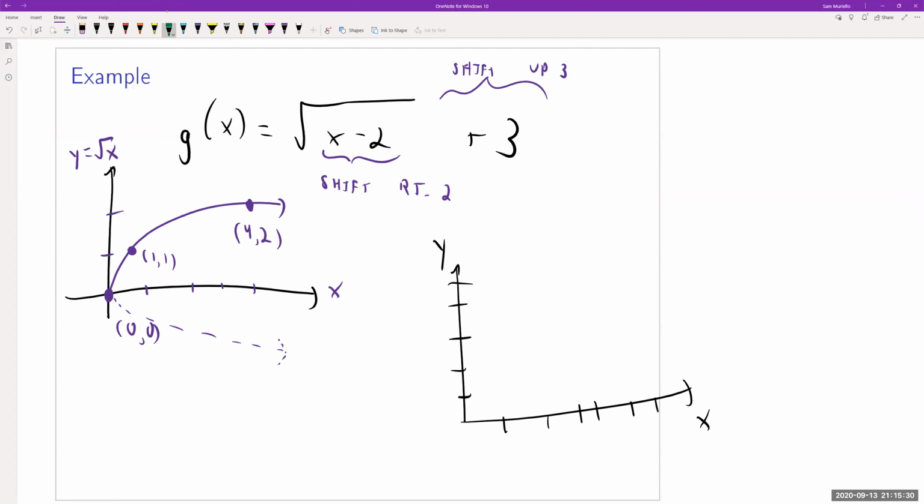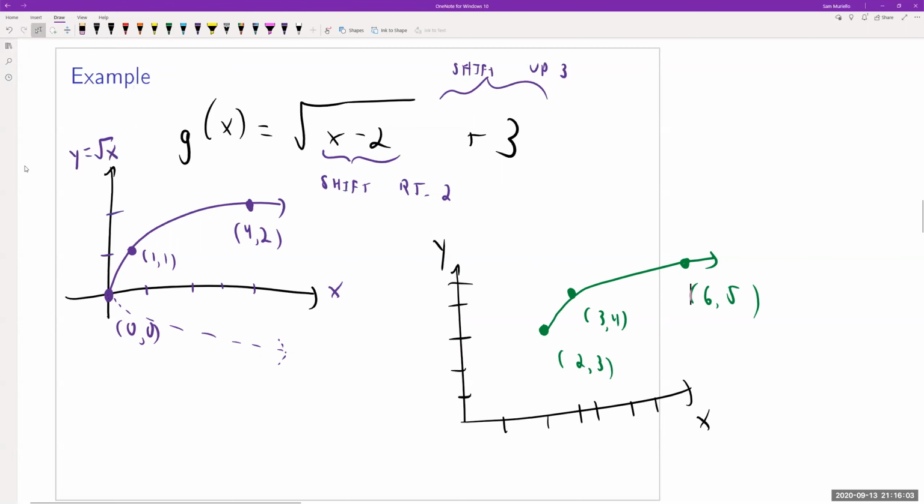So right 2 and up 3, here, here, and here. Each individual point: (2, 3), (3, 4), and (6, 5). Each of these points, when compared to the original, is right 2 and up 3. And the entire function will look the same as well.